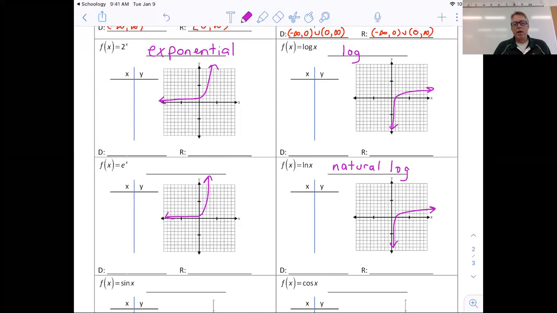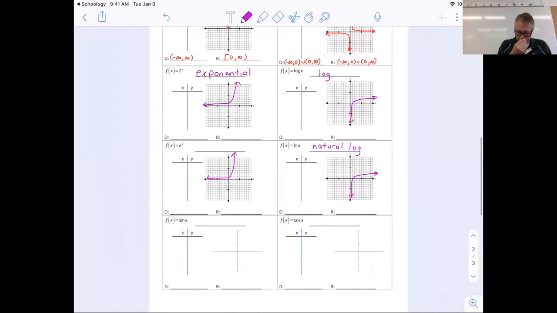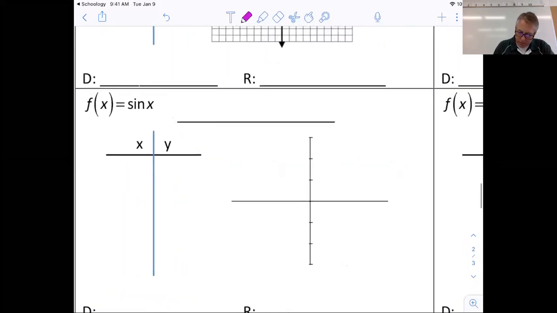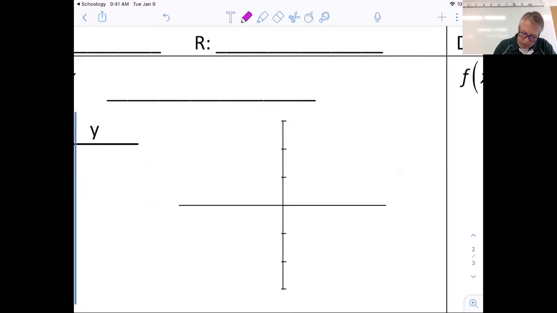Okay, and then we have the sine graph and the cosine graph. Those are squiggles. So for right now, here's all I want you to write for the sine graph. It has a top here at 1 and a bottom at -1. It goes through the origin, goes up to 1, comes down to -1, goes up to 1, comes down to -1.